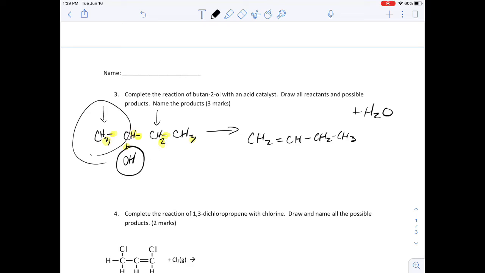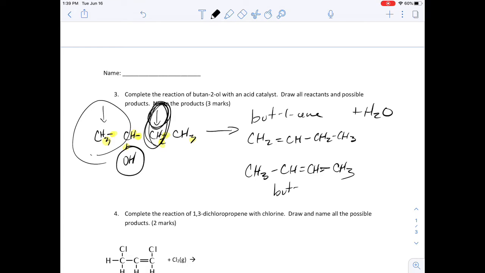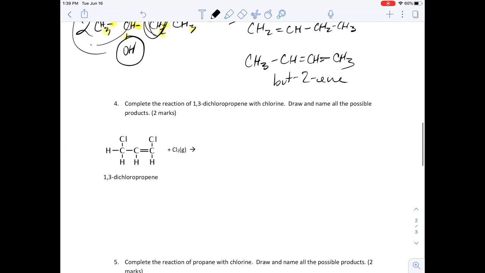And if instead the hydrogen came from here, you'd have CH3, CH, double bond CH, CH3. And so this first one that I've drawn is but-1-ene, and the next one is but-2-ene. And if I wanted to balance it, and I don't think it asks for balancing, but if I'm going to make 2 of the alkenes, then I need 2 of those, and it's going to also make 2 waters.